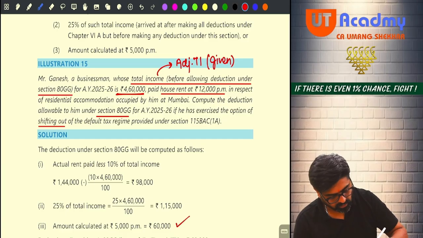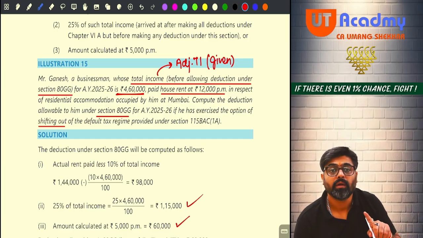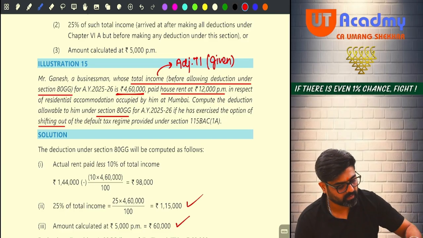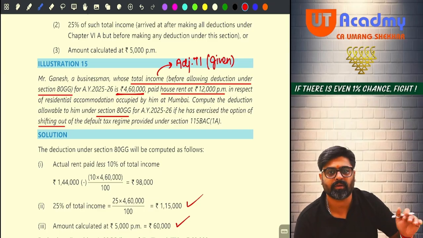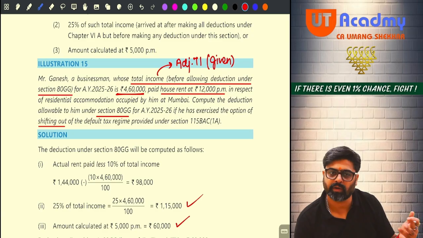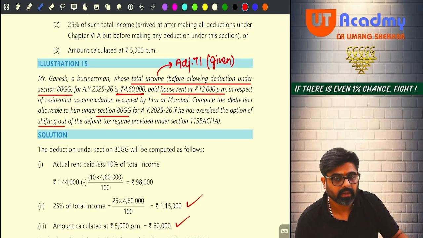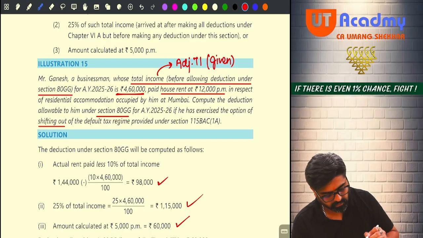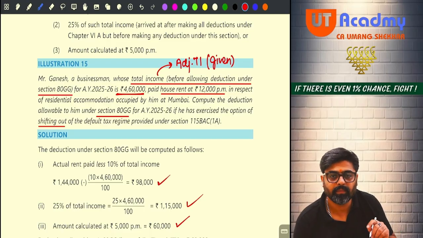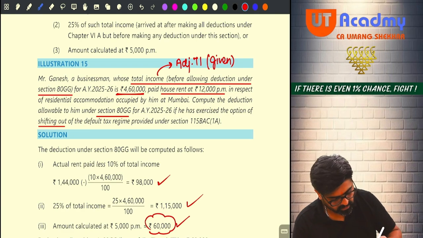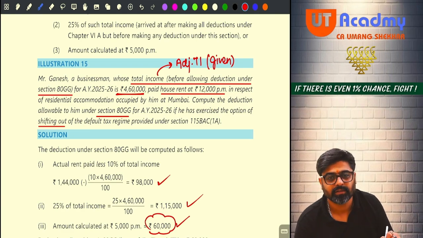So 60,000 or 1,15,000, or rent paid is how much? 12,000 into 12, 1,44,000 minus 10% of adjusted total income, 46,000. Yes or no? 46,000. That will give you 98,000. So A, B, C, whichever is lower. How much deduction you are going to get under 80GG?